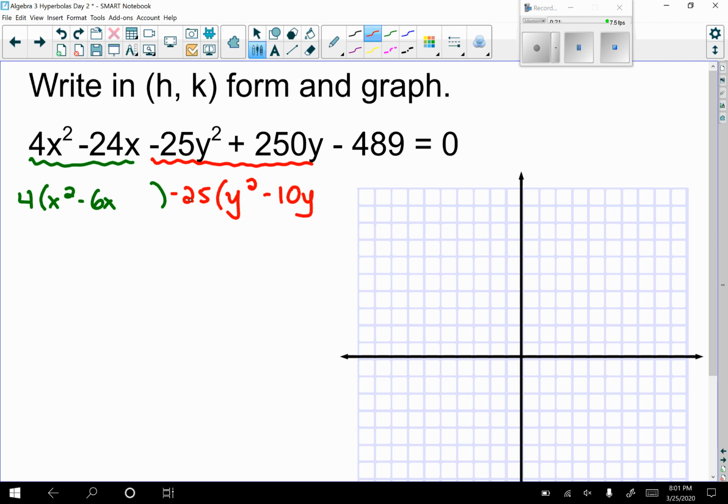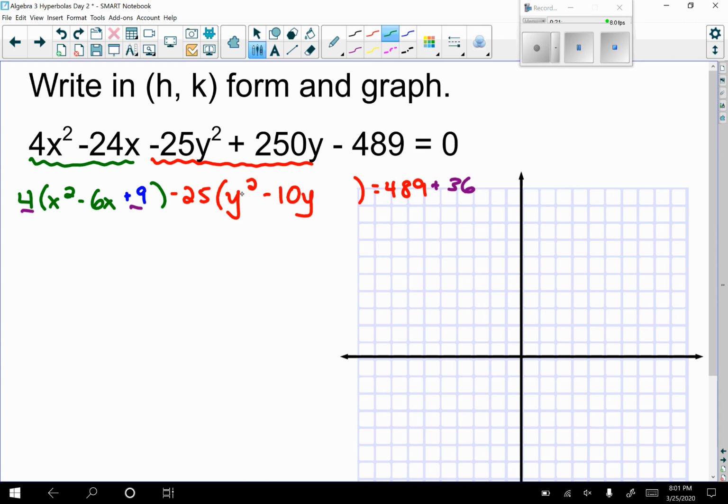Leave a little blank here. I'm going to move that negative 489. I want to add it to the other side, and now we'll figure out what we're going to add here. So going back here to complete the square, half of 6 is 3, 3 squared is 9. But I didn't just add a 9, I added a 9 times 4, so we're going to add a 36.